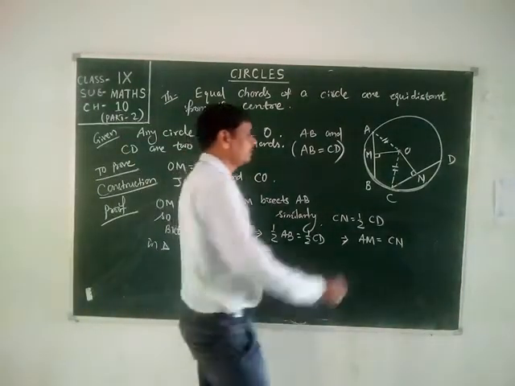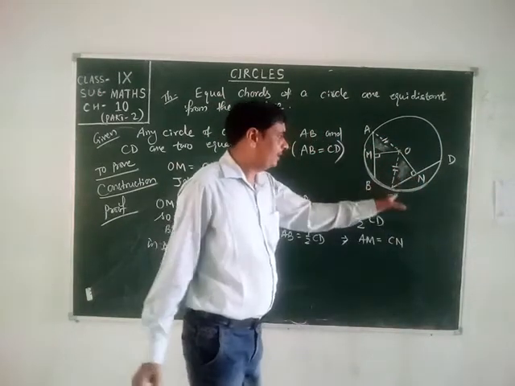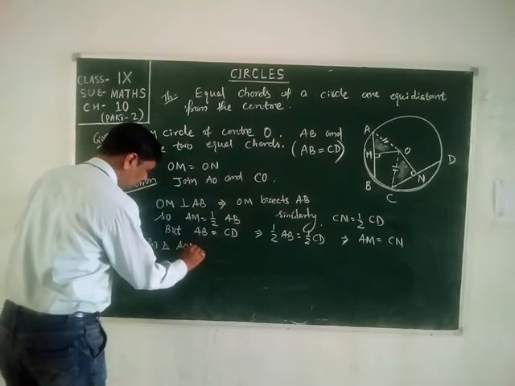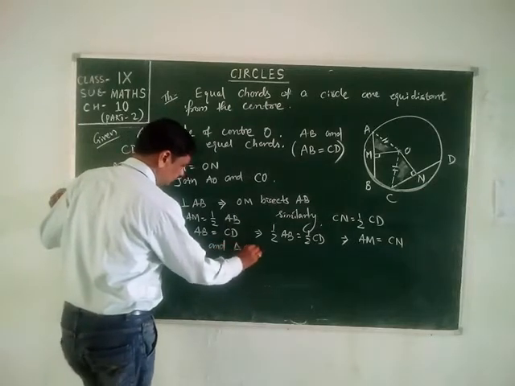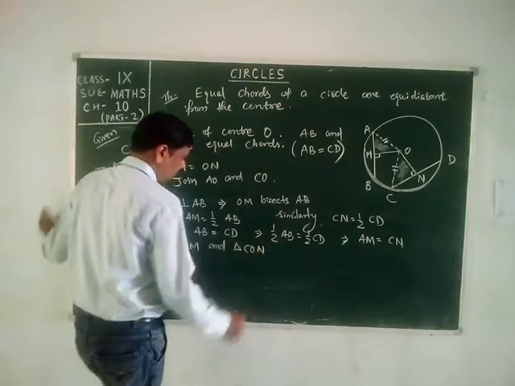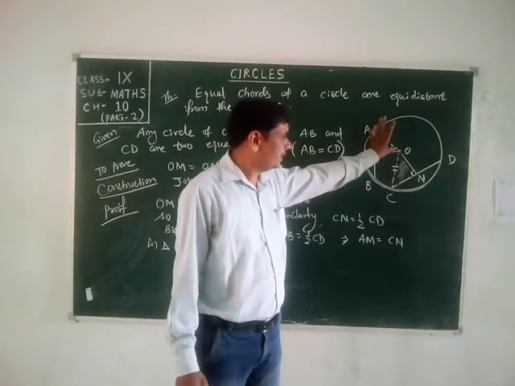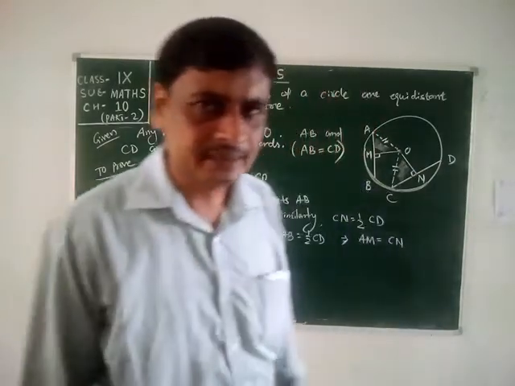In triangles AOM and CON, here AO and CO are equal because they are radius of the same circle.